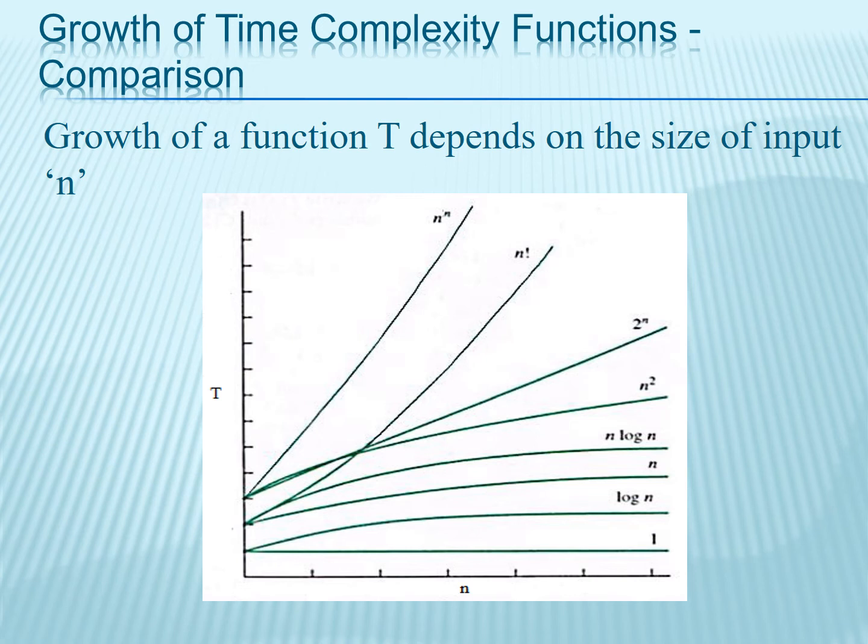Hence, the n square time complexity algorithm varies its time in a steep manner when compared with the other algorithms which are represented by time complexity n, log n and 1.